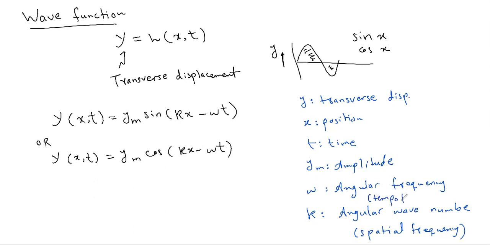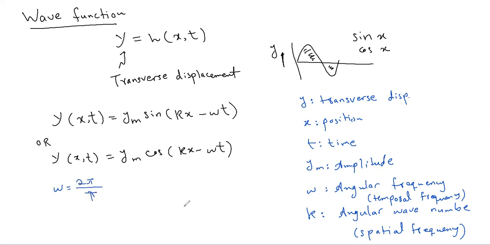Remember, the word temporal is for time and spatial is for position coordinates, not necessarily x. There are many types of frequencies in physics. In the same fashion, we define angular frequency or the temporal frequency, that is number of waves per unit time.